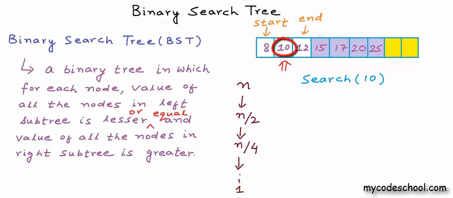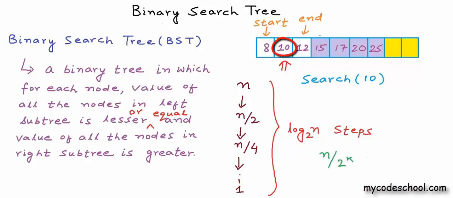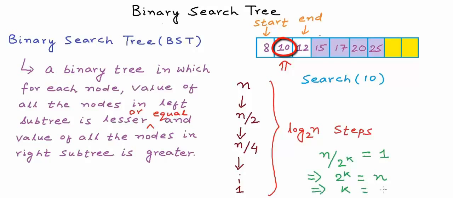In this whole reduction, we go from n to n by 2 to n by 4 to n by 8 and so on, so we will have log n to the base 2 steps. If we are taking k steps, then n upon 2 to the power k will be equal to 1, which implies 2 to the power k is equal to n and k is equal to log n to the base 2. So this is why the running time of binary search is big O of log n.